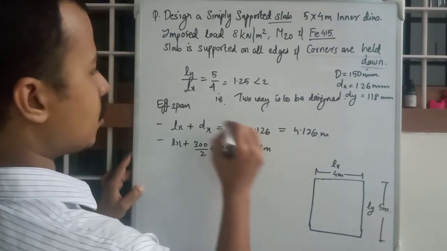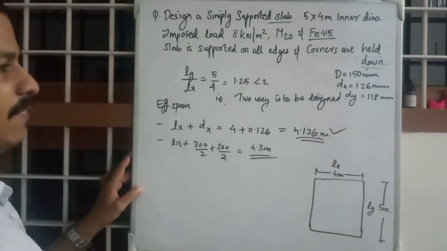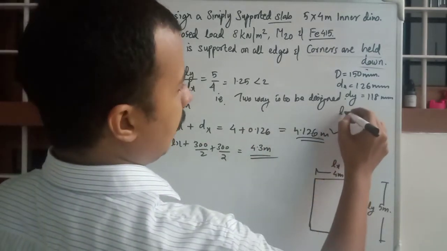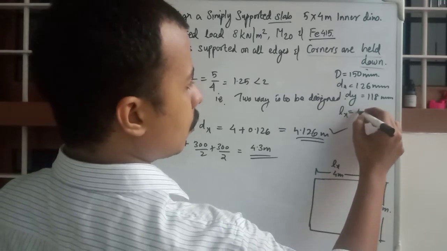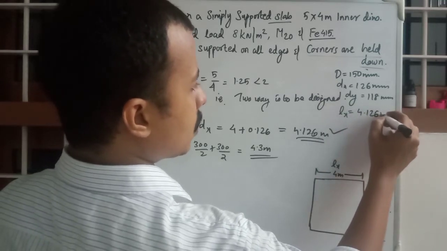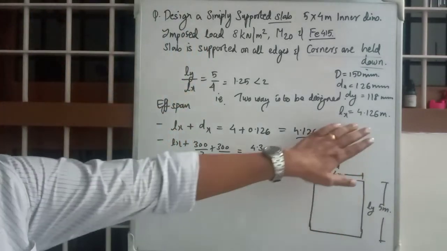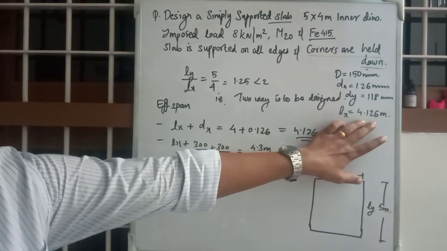The least of these two will be selected as the effective span. So Lx is equal to 4.126 meters. Although Lx is written here at present, in all the next calculations we will substitute this value as 4.126.